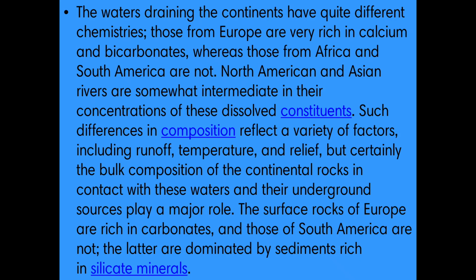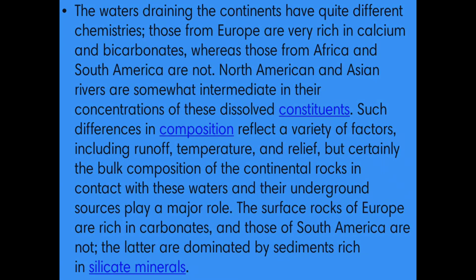But certainly the bulk composition of the continental rocks in contact with these waters and their underground surfaces plays a major role. The surface rocks of Europe are rich in carbonate and those of South America are not. The latter are dominated by sediments rich in silicate minerals.